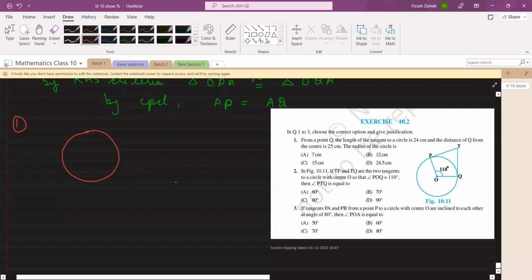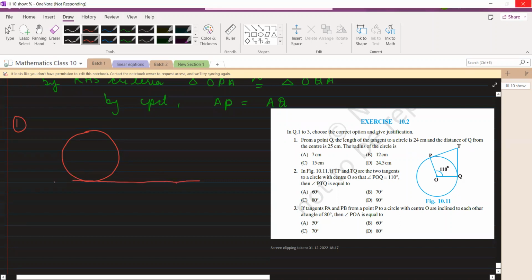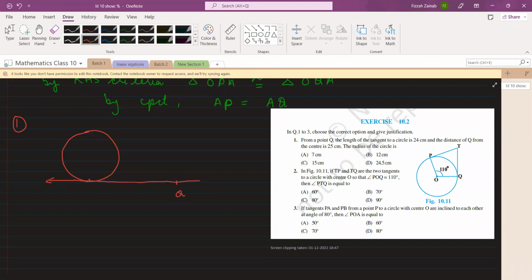So there is a point Q. From this point Q, you have a tangent, let's say this. So if this point is Q, up to the point of contact, the length is 24 centimeter. And the distance of Q from the center is 25 centimeters.